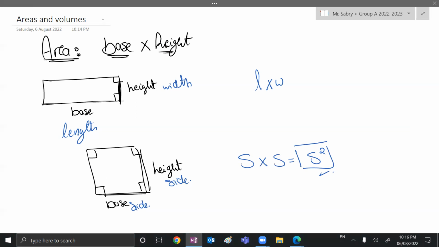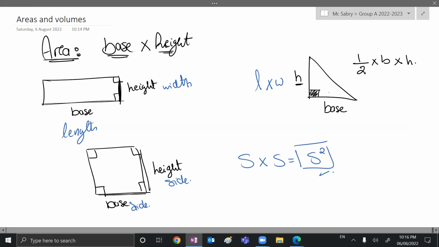The only thing that changed this rule a bit is the triangle. Where's the base of the triangle? This could be considered the base. Where's the height of the triangle? This could be considered the height. But the area of the triangle is half times base times height.